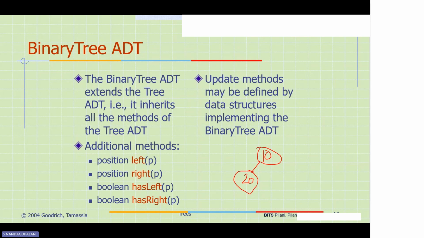So left of 10 is not empty, right? You can check using these kinds of Boolean functions whether you have a left node or not. If the right node is null, then you can insert this 30 right of this. Like this, you can build your own tree depending upon your requirements.